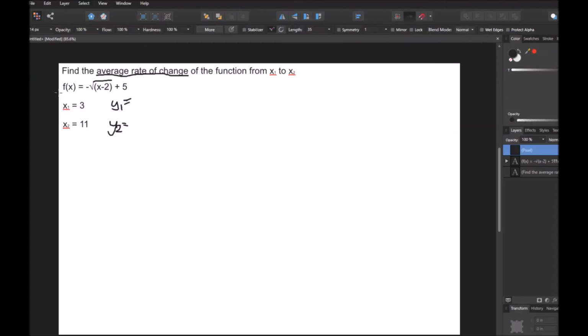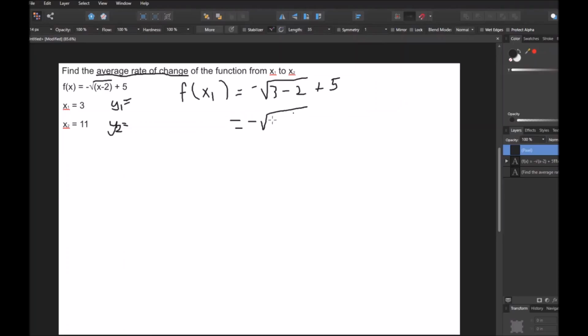So assuming you've paused the video and tried the problem on your own, let's see how you did. So our f of x1, we're just going to plug in 3 wherever we see x. So we're going to have negative 1 times the square root of 3 minus 2 plus 5. 3 minus 2 is 1.